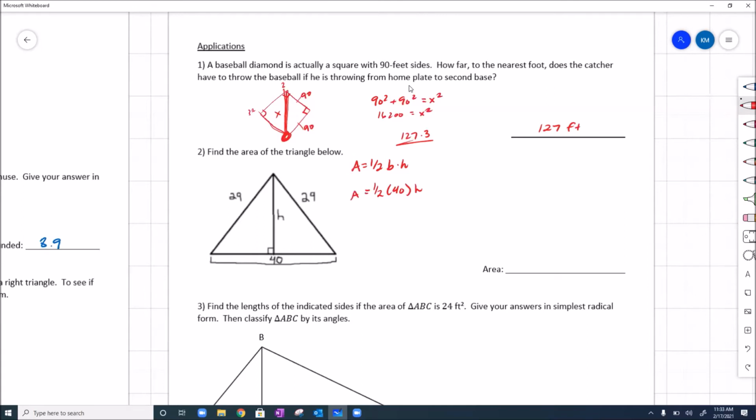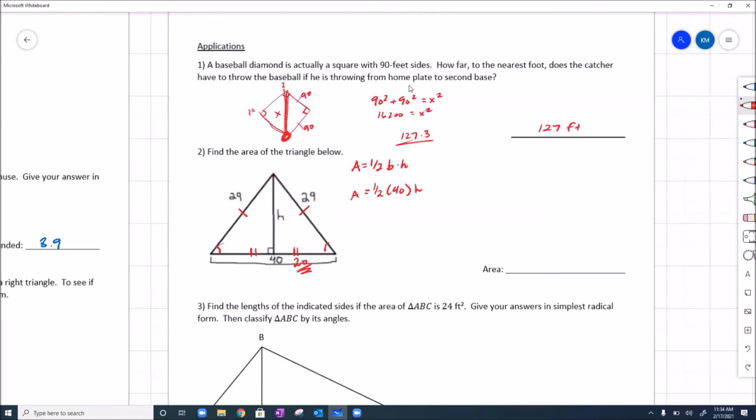Here they give us that this is an isosceles triangle, so these base angles are the same, and this has to be a perpendicular bisector. What that does is split this side into 2, so if this is 40, then this is 20.